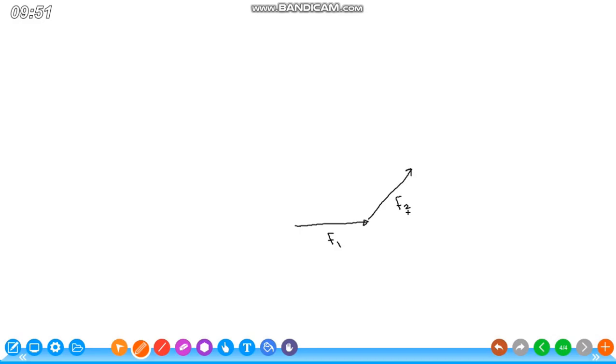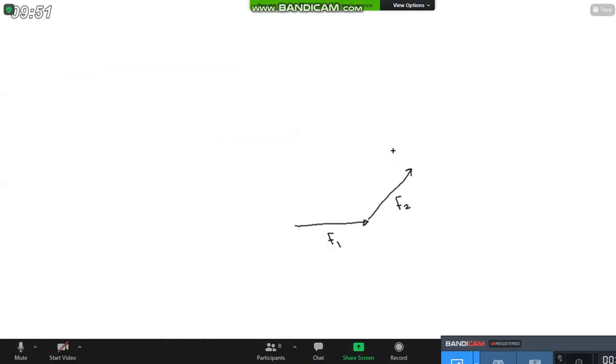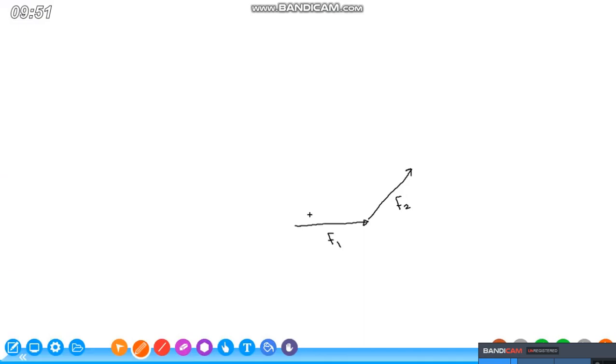The resultant force here. Resultant force. You start from first vector to the end of second vector. Here. Okay. This F net.